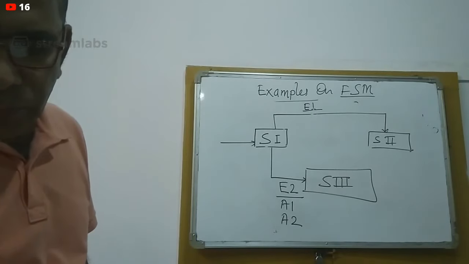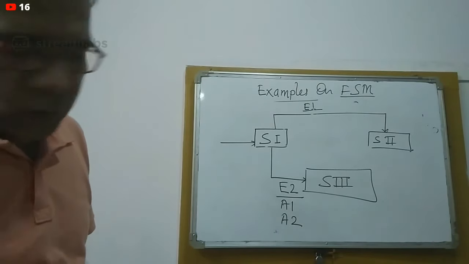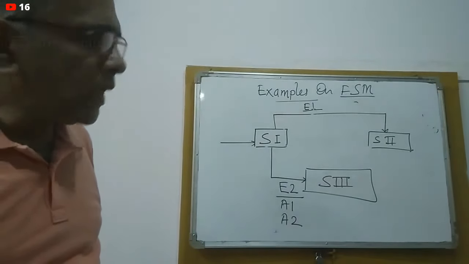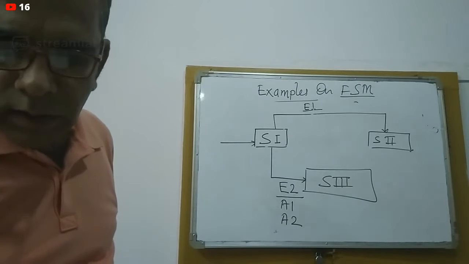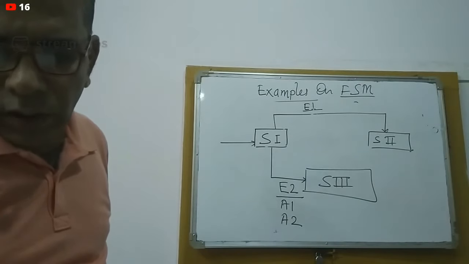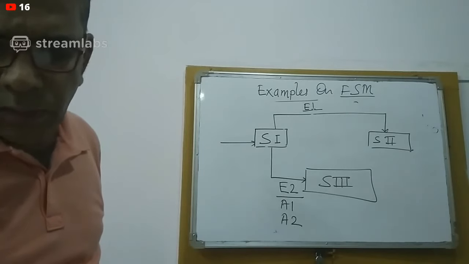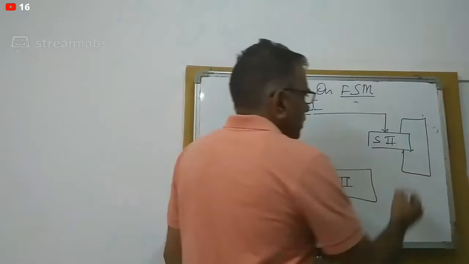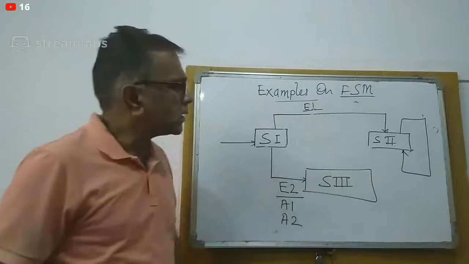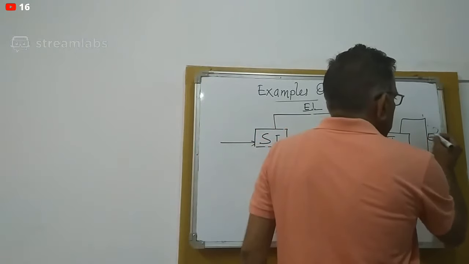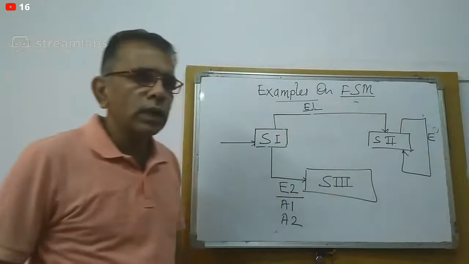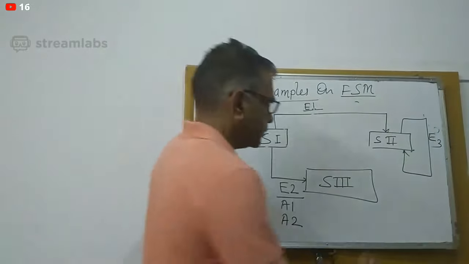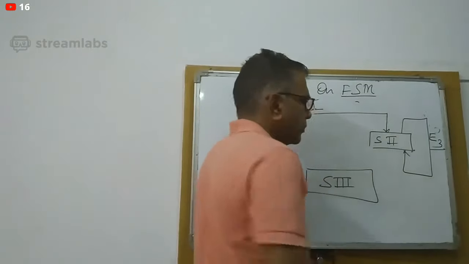Now if the machine is in state 2, 2 events can occur. If event 3 occurs, the machine remains in state 2, without performing any actions.